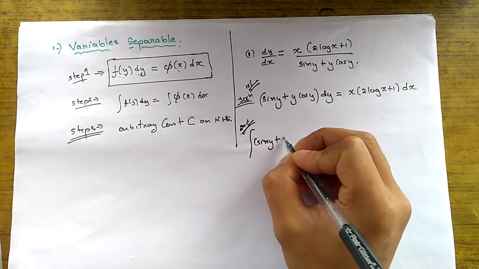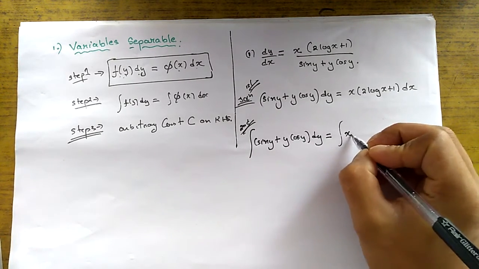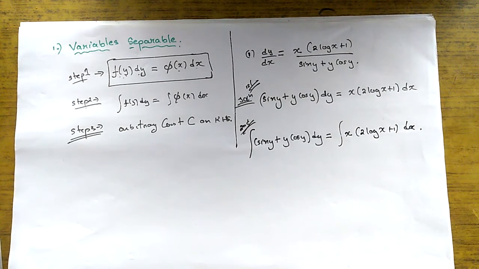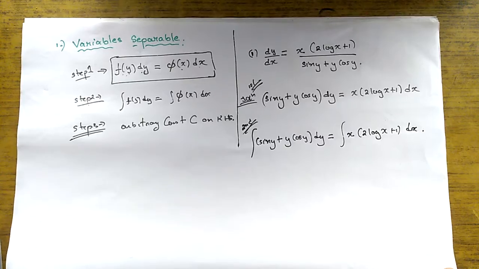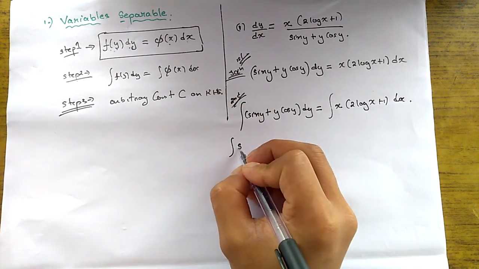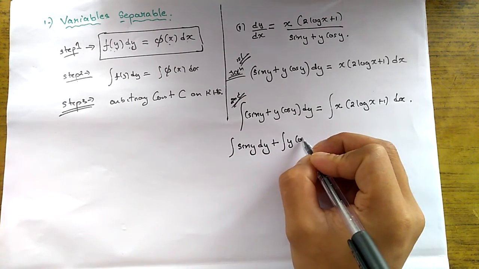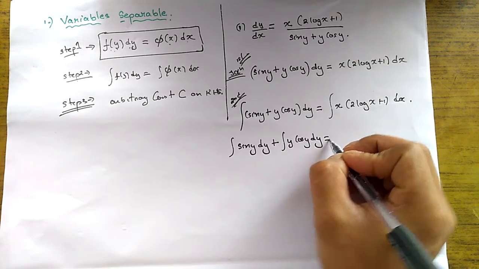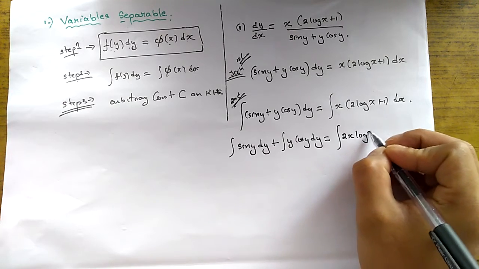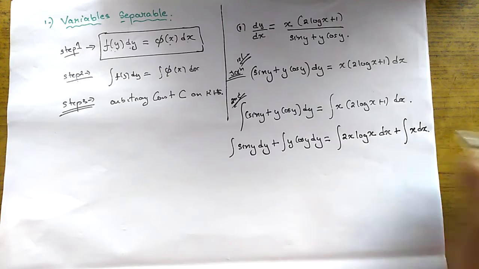Integral of (sine y plus y cos y) d of y is equal to integral of x(2 log of x plus 1) d of x. Or we can write this as integral of sine y d of y plus integral of y cos y d of y is equal to, here you will have, integral of 2x log of x d of x plus integral of x d of x.